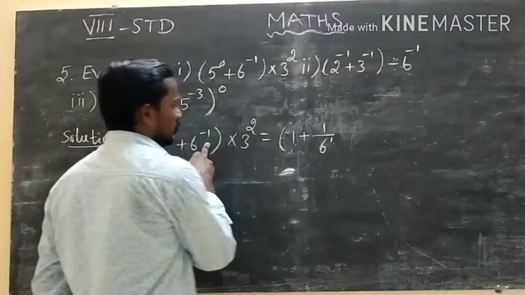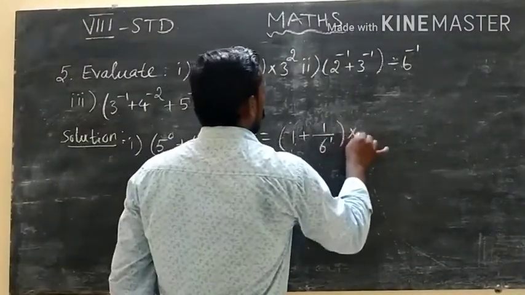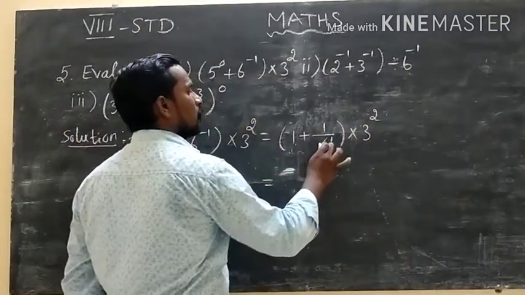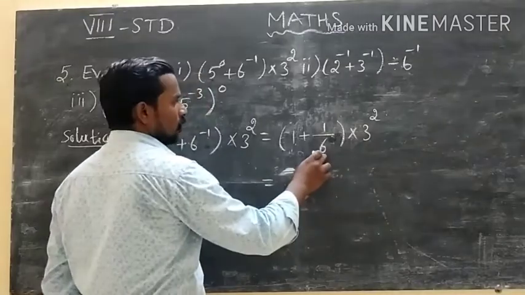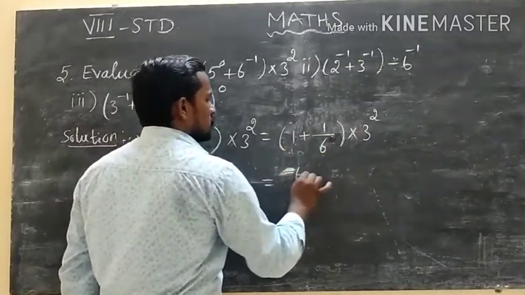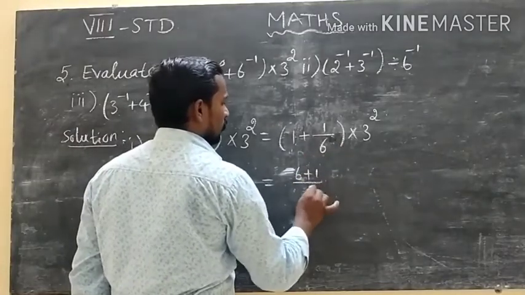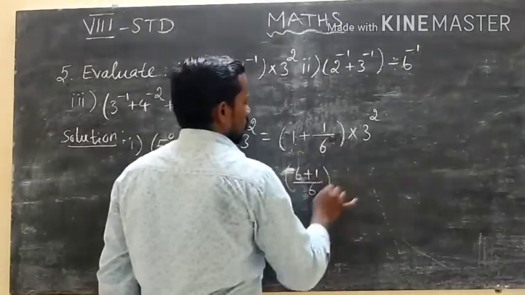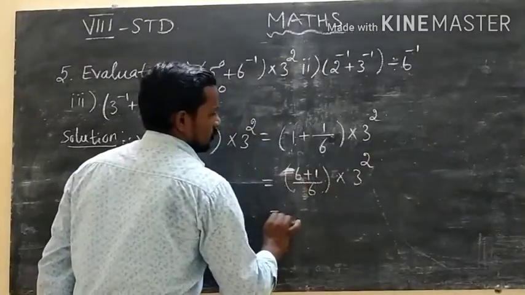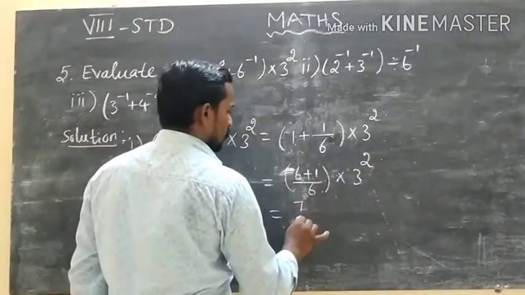Into 3^2, which is equal to, 6^1 means 6. So using the LCM, 1 into 6 is 6, so 6 plus 1 divided by 6 into 3^2. So it is equal to (6 plus 1) which is 7.